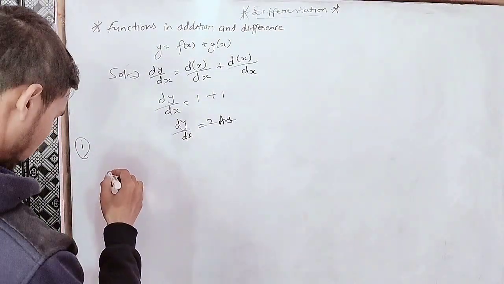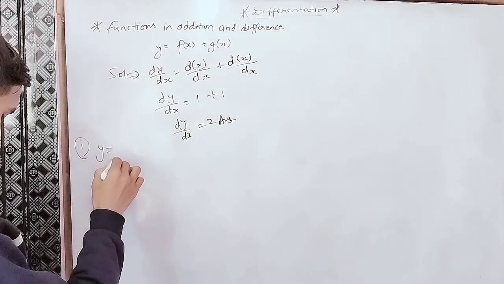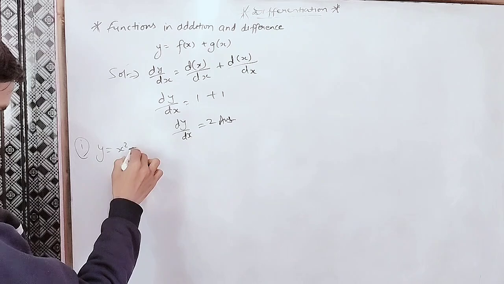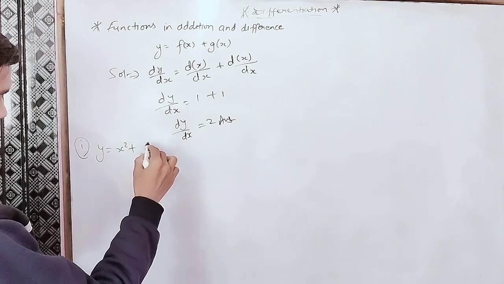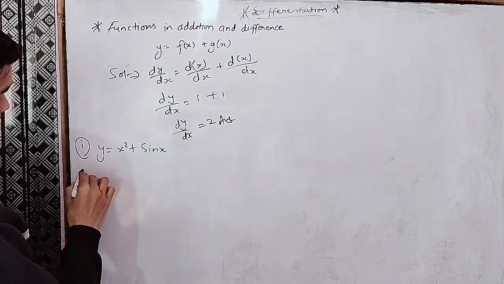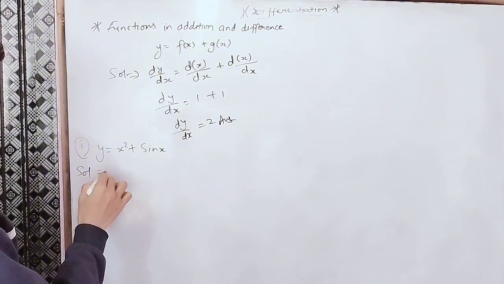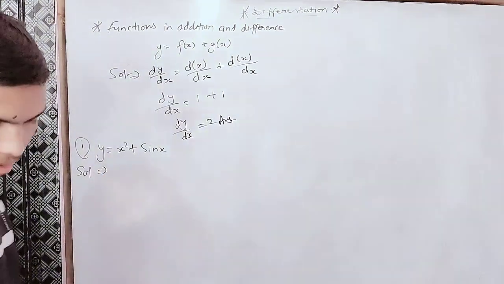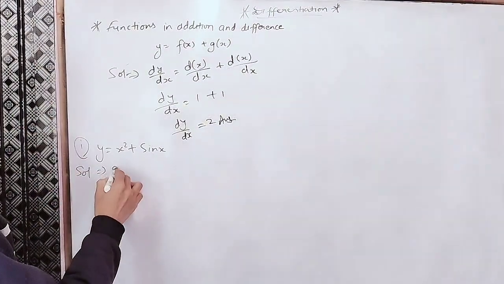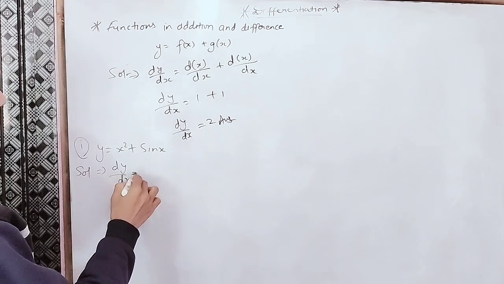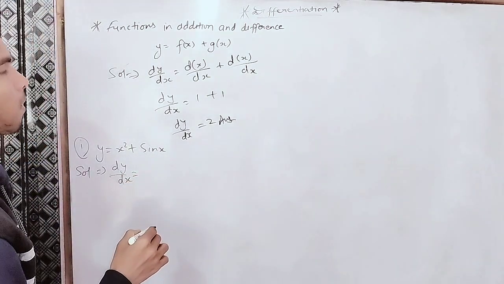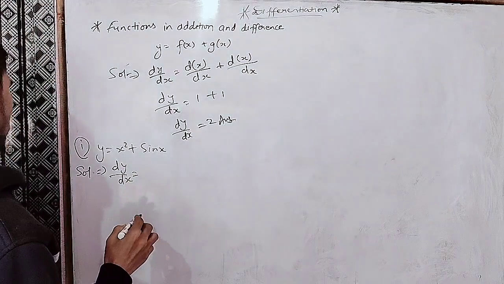So first question, y is equal to x square, then add sign, then sin x. Then dy by dx. Okay. So x square.